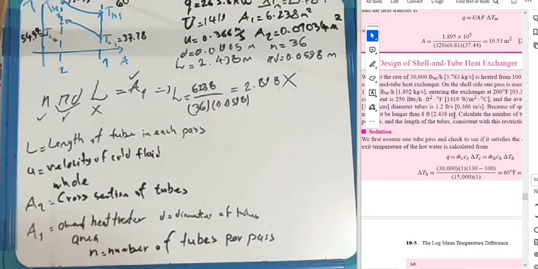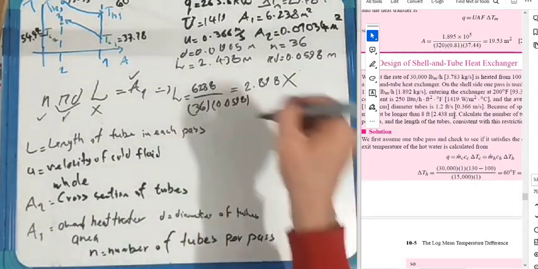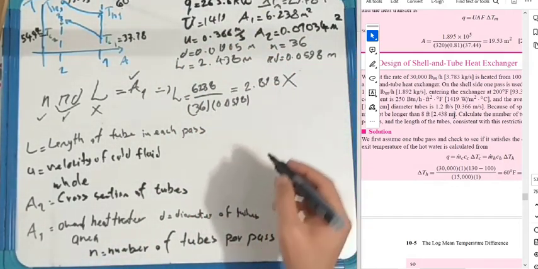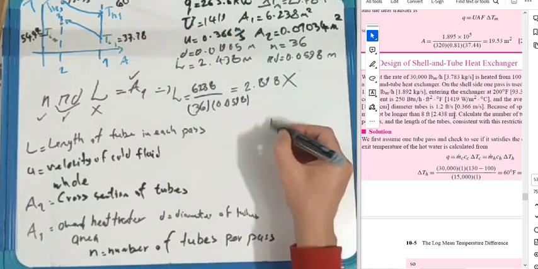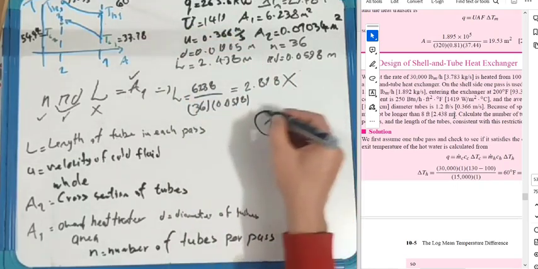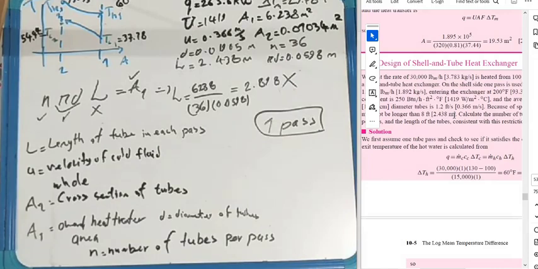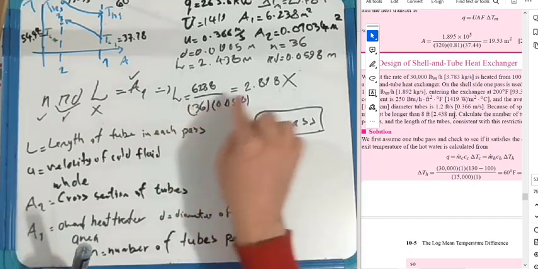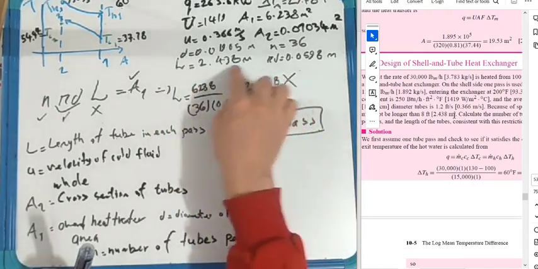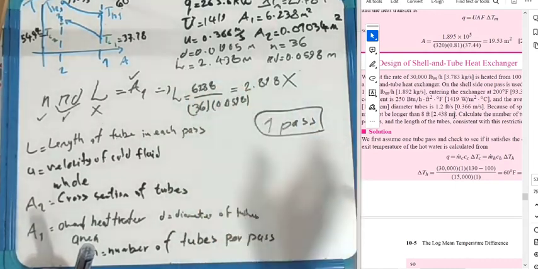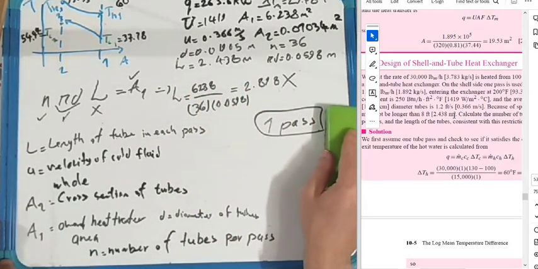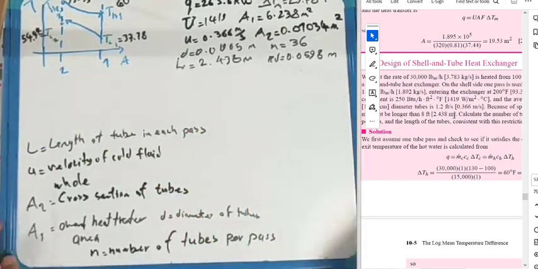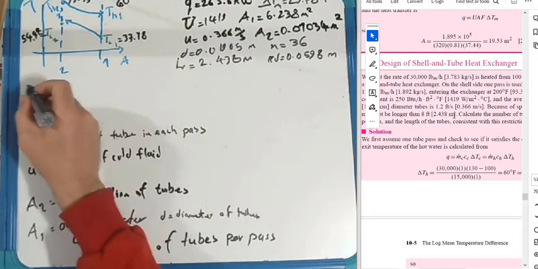So what should we do now? All of this calculation was for the situation where we have one pass. Okay, one pass. But we have to calculate for two passes because this L is greater than our restriction and limitation.